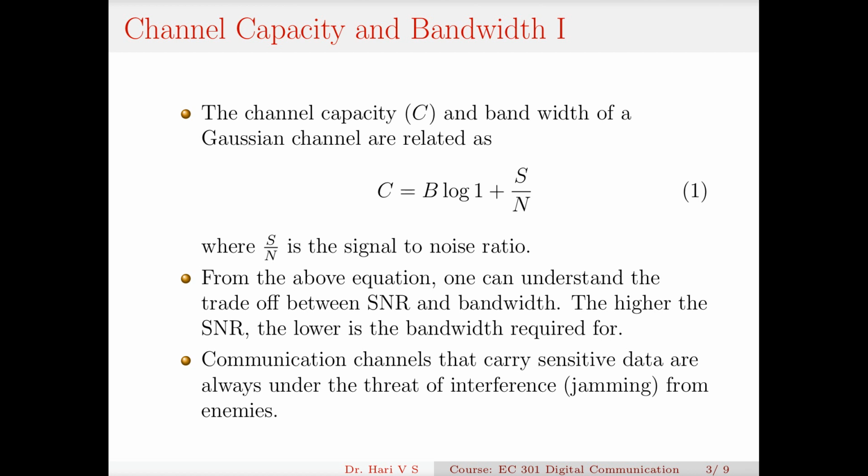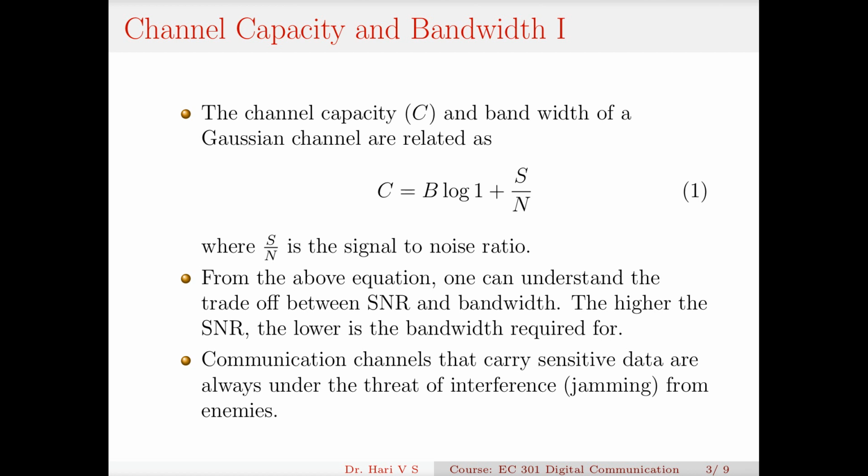That is closely related with the entropy because we know that the mutual information between two random variables X and Y, I(X;Y), is equal to H(X) minus H(X given Y). And we have to maximize that mutual information. So the maximum value of the mutual information is called the channel capacity.